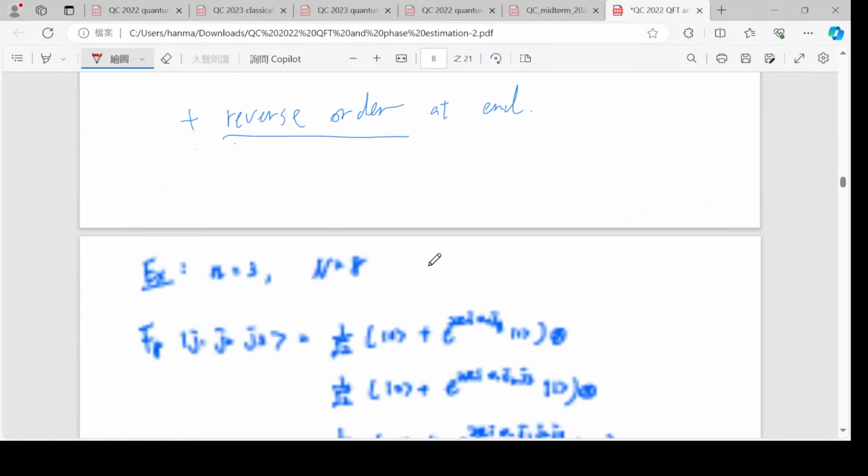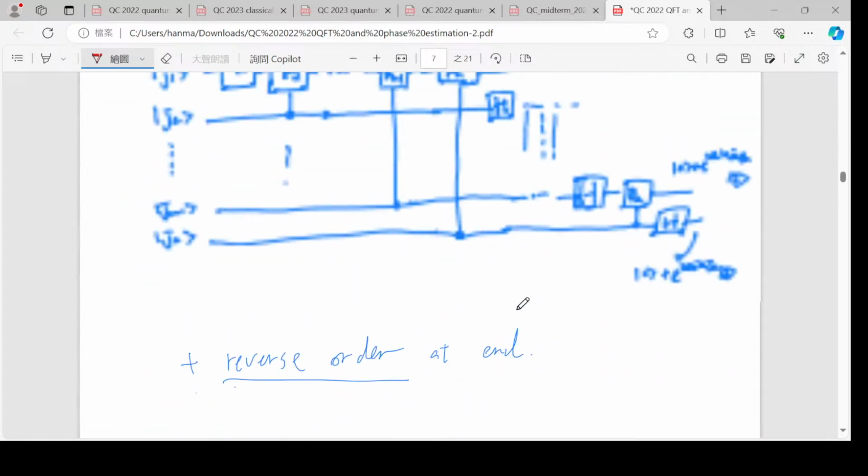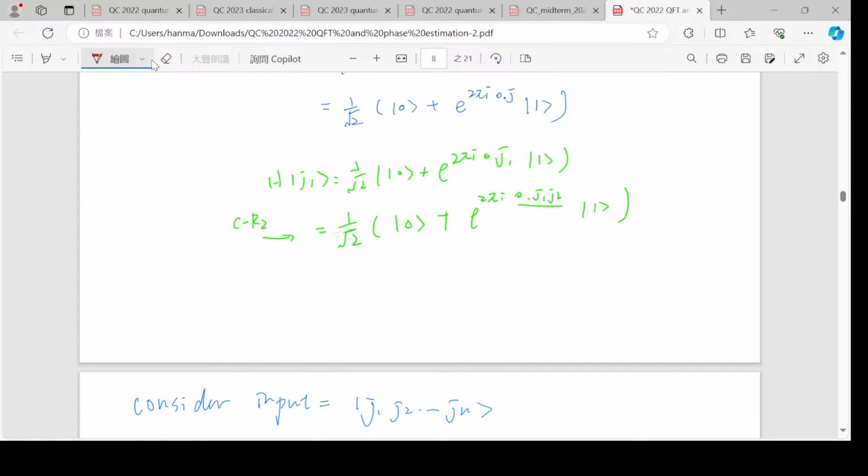So if, for example, k equals 2, then R2 equals |1>, |0> |0> e to the 2 pi i divided by 4, and 1 over 4 is like 0.01 in binary. Okay, so we kind of have the binary in underscore.